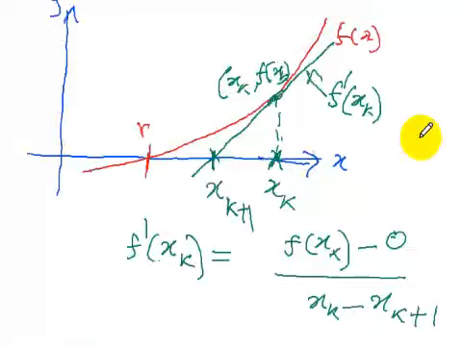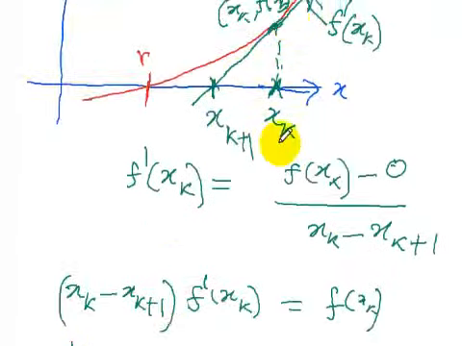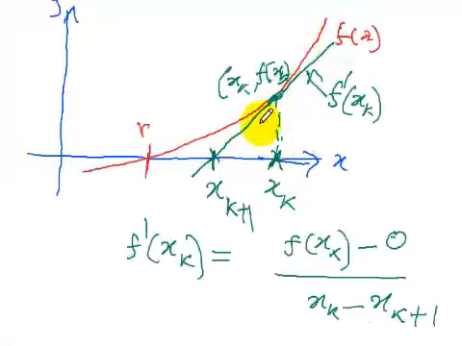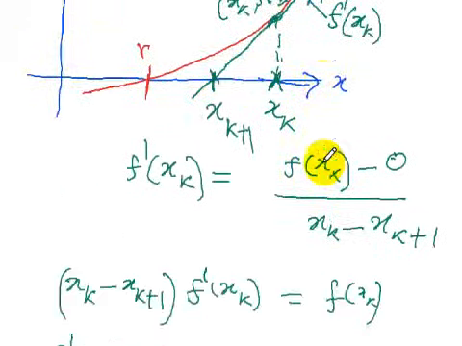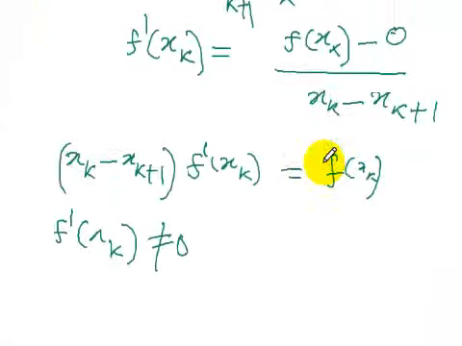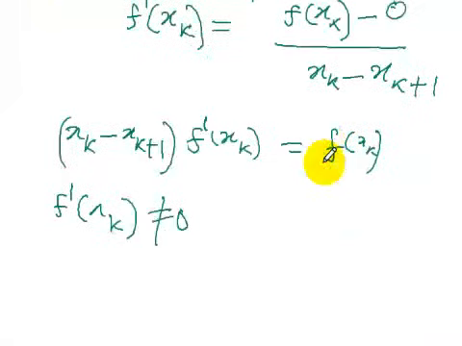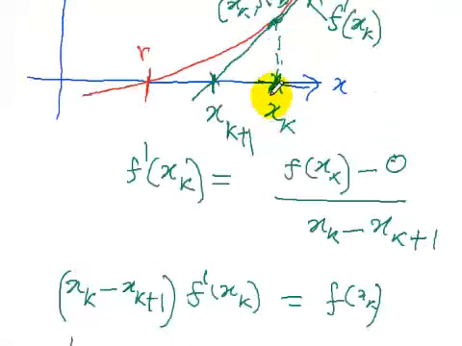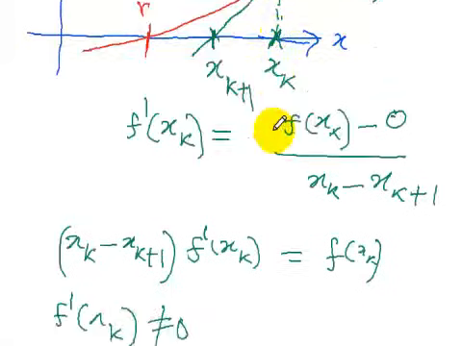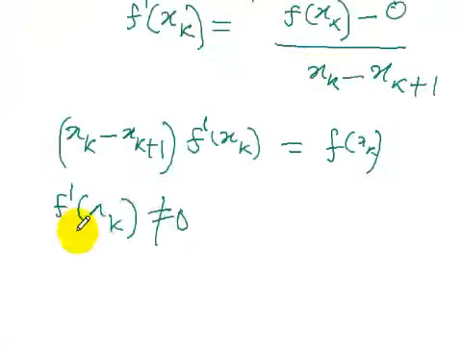Otherwise you cannot find an intersection point. In that case the tangent line is parallel to the x-axis, there is no intersection point, so you cannot use Newton's method.